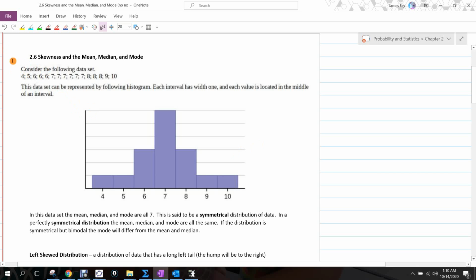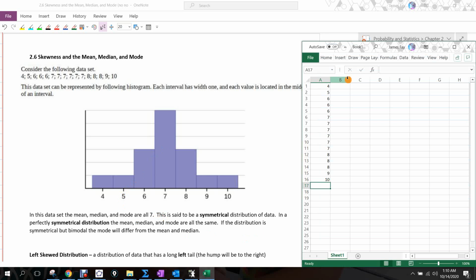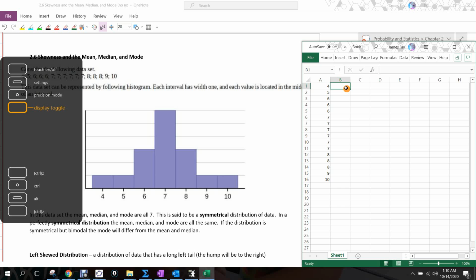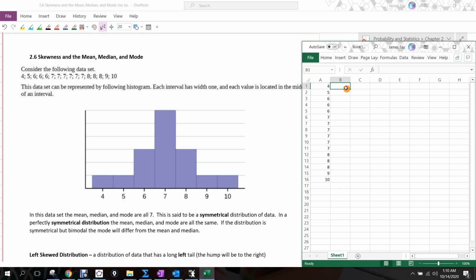If I were to take these quantities and run them through Excel real quick, we should get those 3 measures of central tendency. I think I've got the data in here, and I don't have any errors with it. If I say average of A1 through A16, it gives me 7 back.